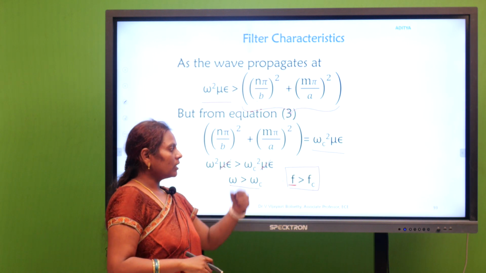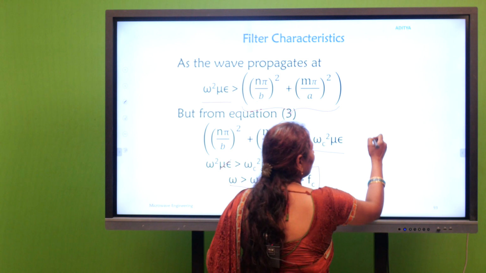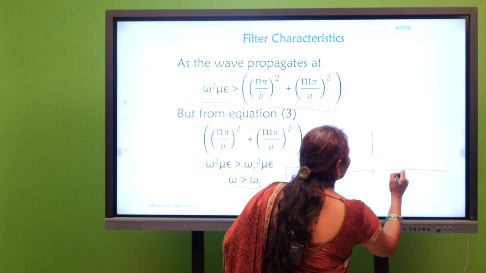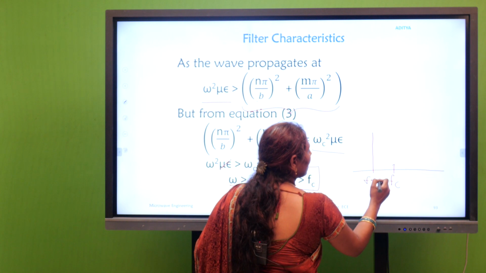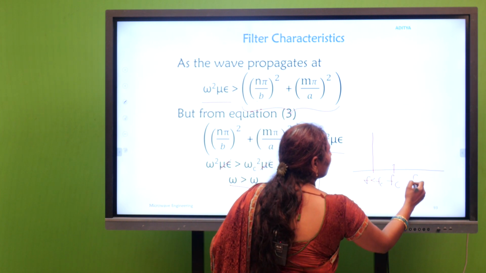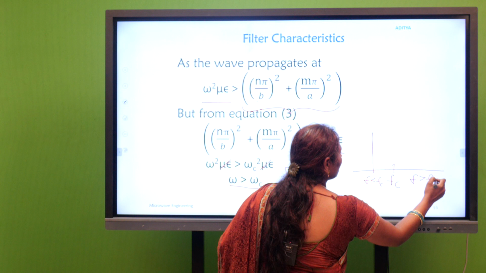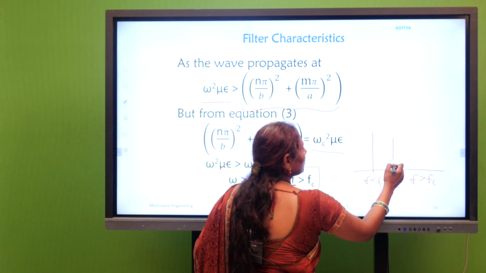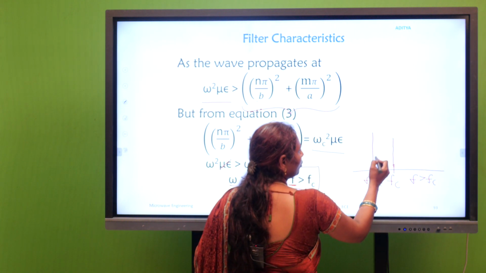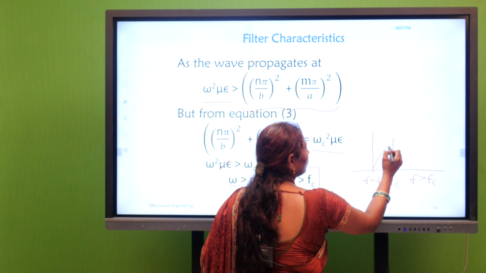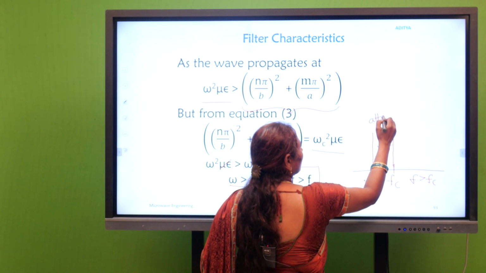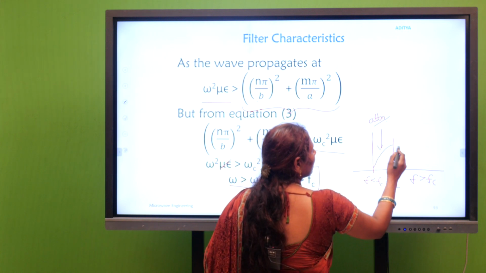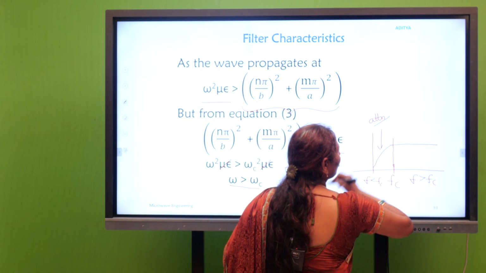Based on this condition, if you again draw the characteristics and represent some fc, these are the frequencies which are less than fc and these are the frequencies which are greater than fc. The frequencies less than fc are going to attenuate, so this shows the attenuation, and the frequencies greater than fc are simply allowed to pass through.